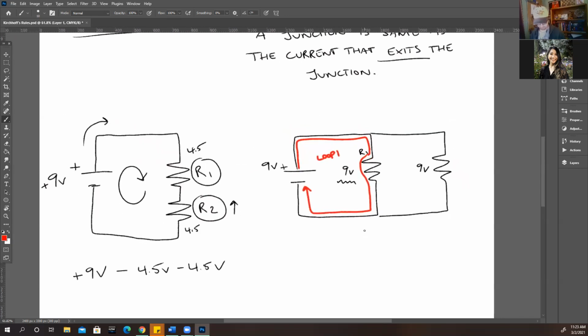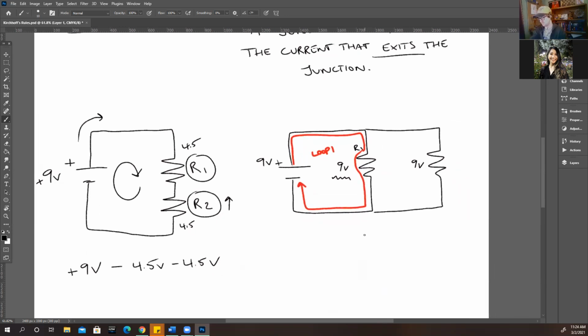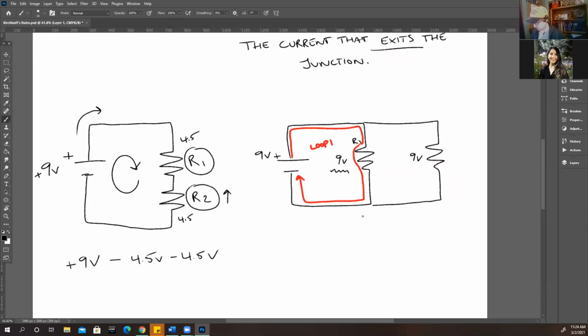We may not have noticed or known at the time, but this is Kirchhoff's voltage rule, or loop rule, in play. So this is a closed loop. Within any closed loop, the sum of the voltage is 0. So again, I could say a positive 9 from the battery, and I could say that first resistor is taking a negative 9 volts.